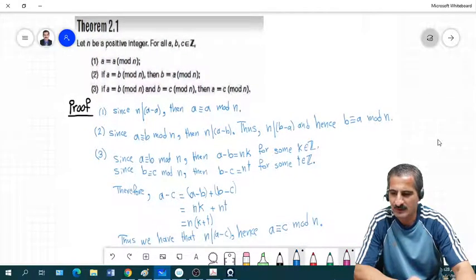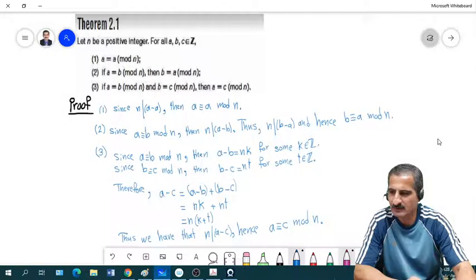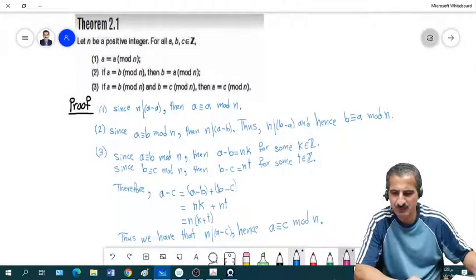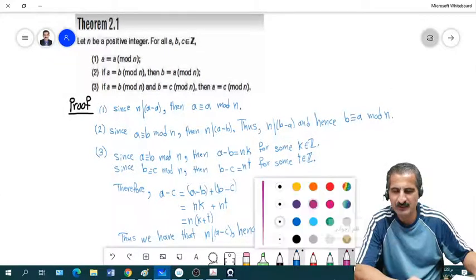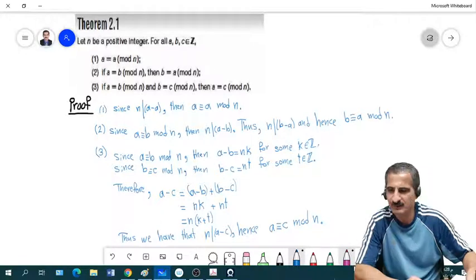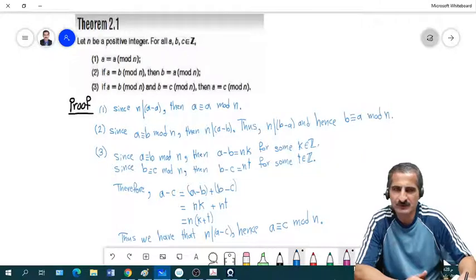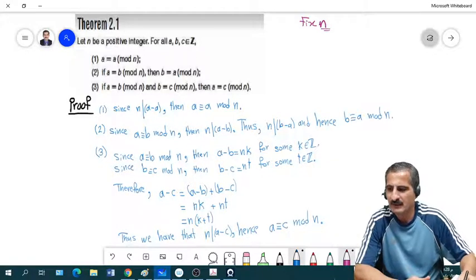Okay, good. So congruences enjoy the same properties that integer numbers do. So again, we are fixing n. We are assuming n is fixed. Now every integer is congruent to itself.